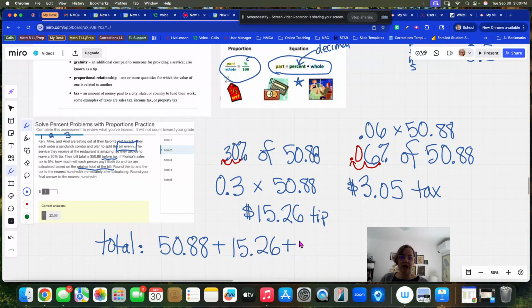And we're going to pay for the tax, 3.05. So I'm going to add those all together, find the total, and then I'll divide by 3. 50.88 plus 15.26 plus 3.05. I'm getting this number, 69.19.